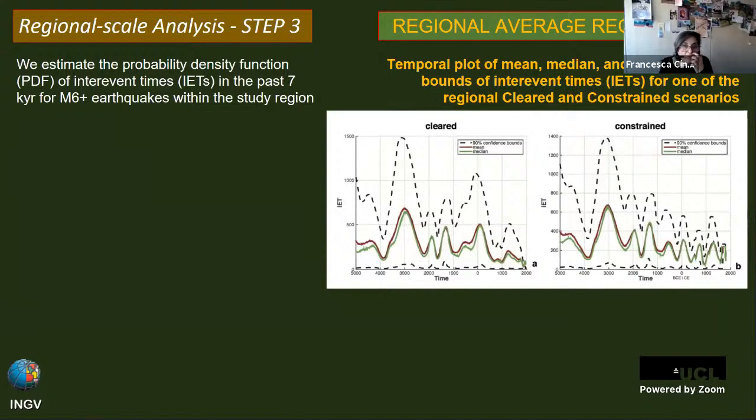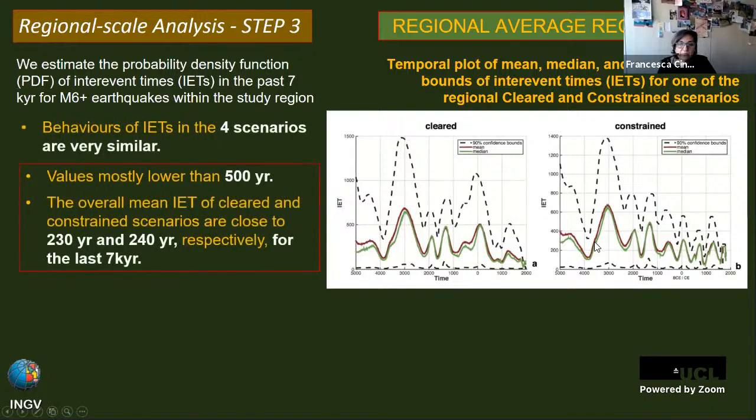And what we did is estimate the probability density function of inter-event times in the past 7 kilo-year. And this is a temporal plot of mean and median and 90% confidence bounds of inter-events.